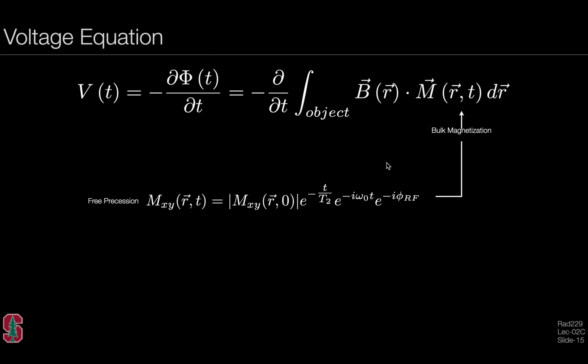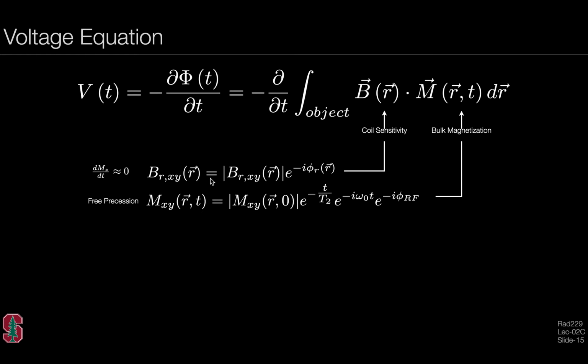Now, acting in consort with that to give rise to the voltage that we detect is the coil sensitivity. Now, the coil sensitivity refers to the sensitivity of a hardware component, the coil itself. We don't detect the time rate of change of the Z component. This is something that is a consequence of the orientation of the coil and the magnitude of magnetic fluxes, which are largely governed by the transverse magnetization.